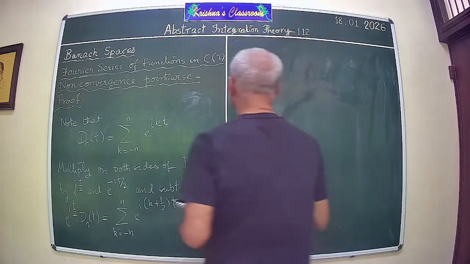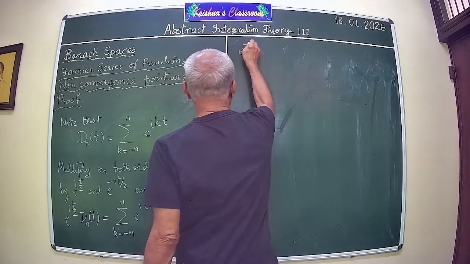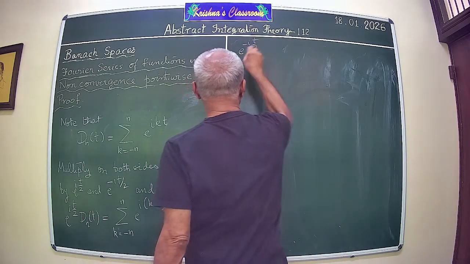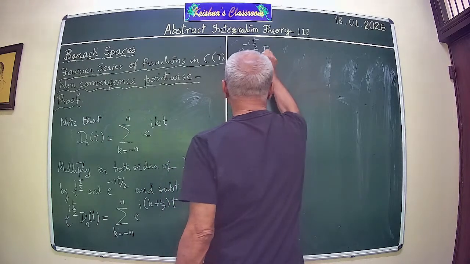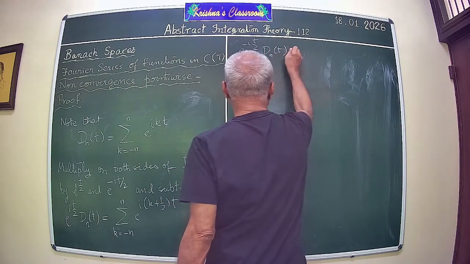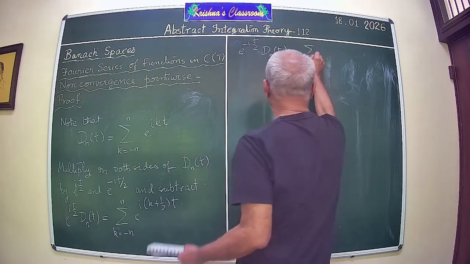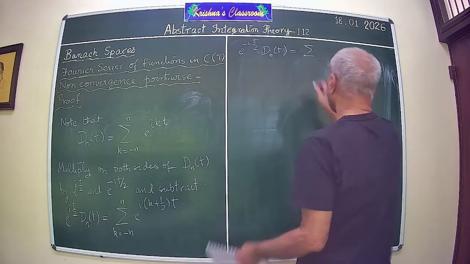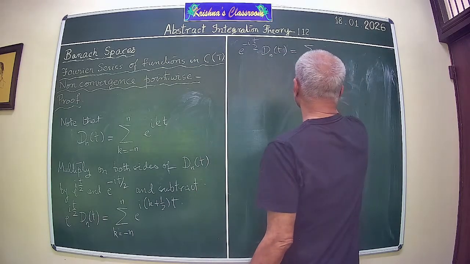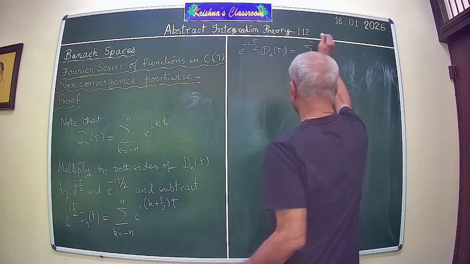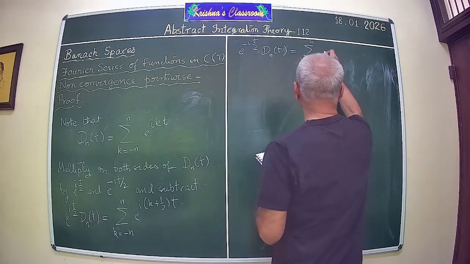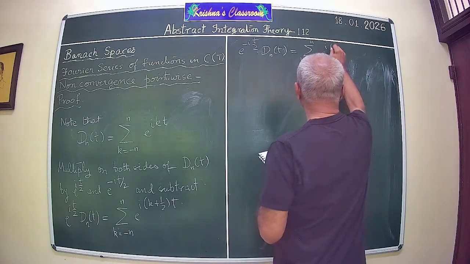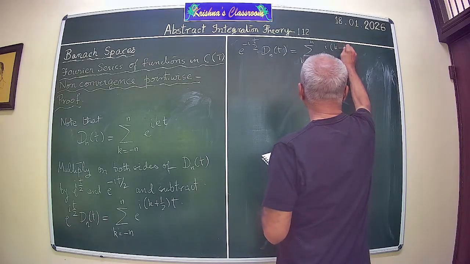And e to the power minus I t by 2, this is equal to sigma k equal to minus n to plus n e to the power I k minus half.